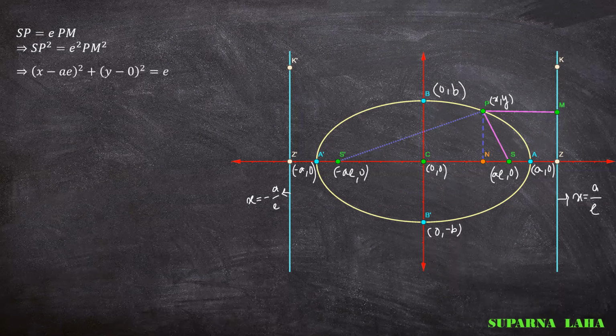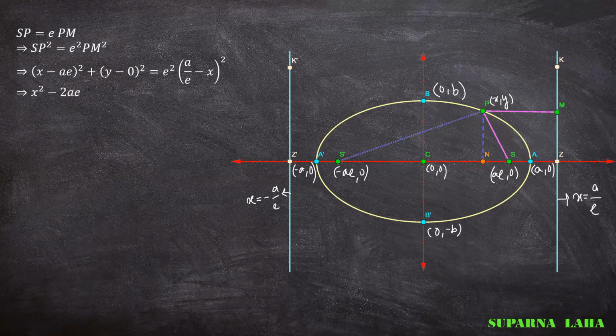So (x minus ae) whole square plus (y minus 0) whole square is equal to e square into PM. This distance is a by e minus x, right? Since up to this end point is x and the total distance is a by e. So a by e minus x is this distance PM. From the figure you can easily find PM is a by e minus x.